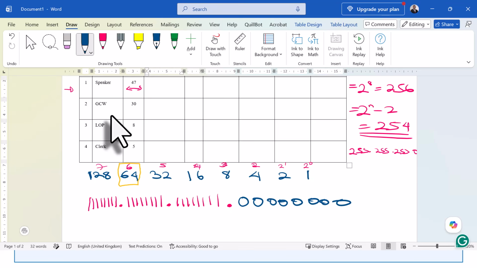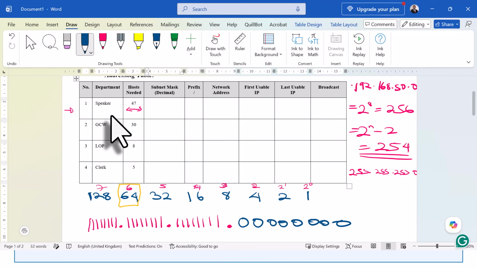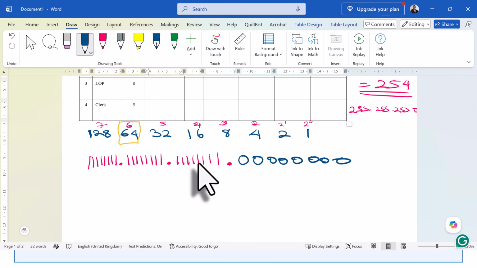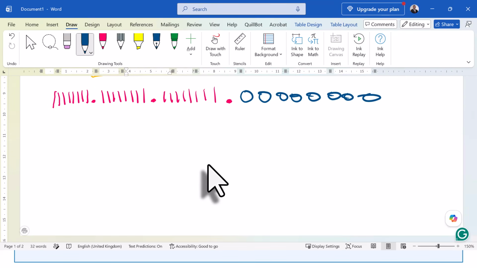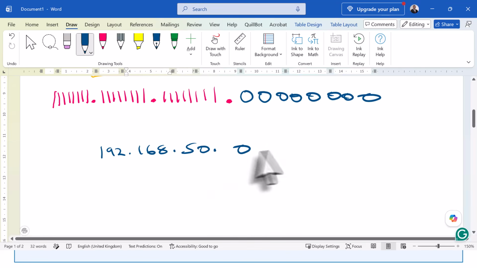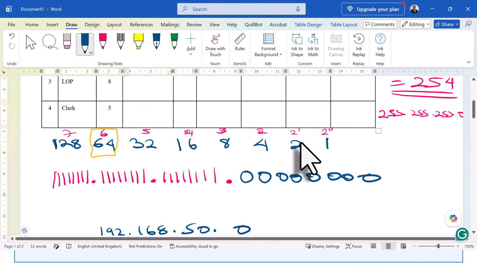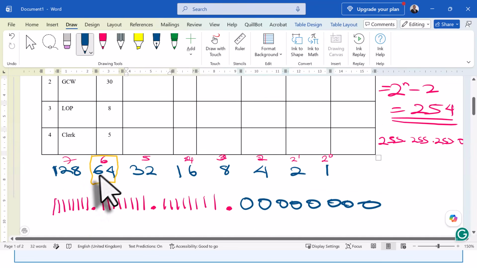Our first network address, I can even write it in directly. It is 192.168.50.0, which is our original one, isn't it?